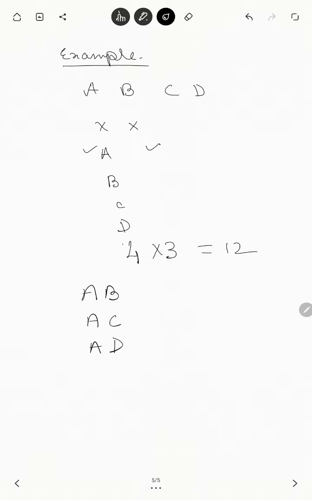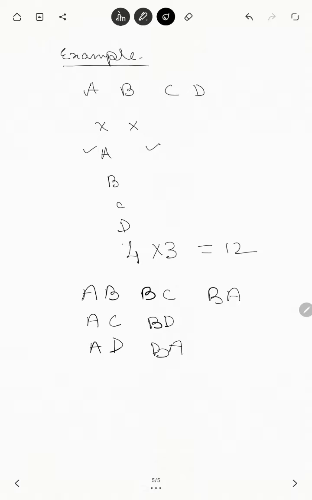Now these are arrangements, not just selection. We are selecting and we are arranging also, because if we write AB, then BA is a different code. So this is one. Then BC, BD, BA.